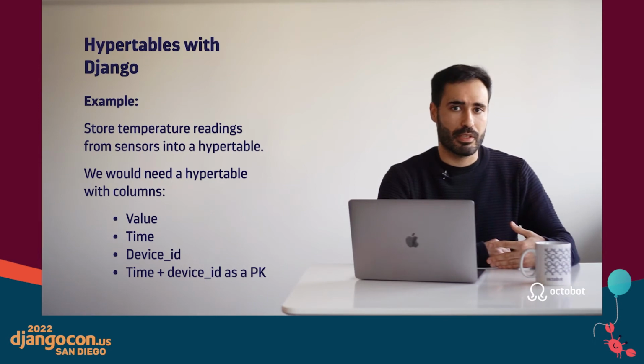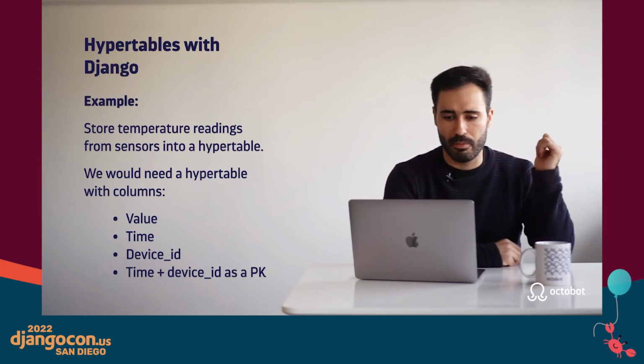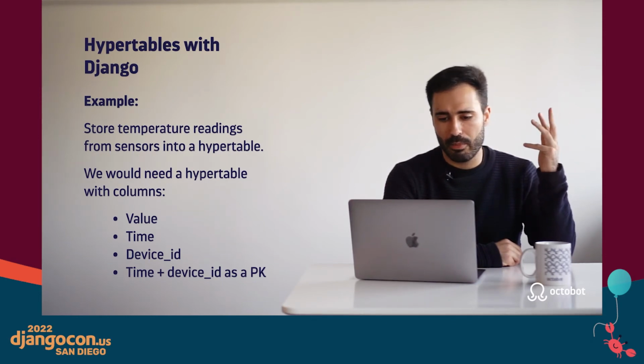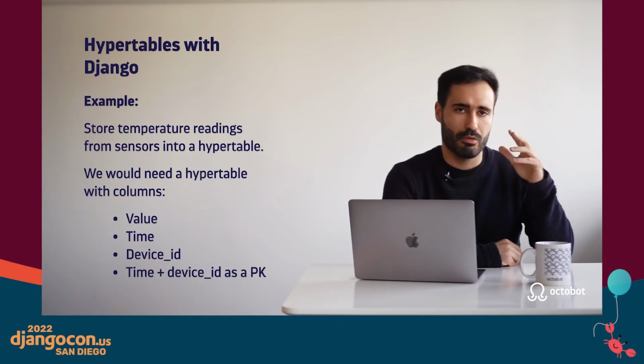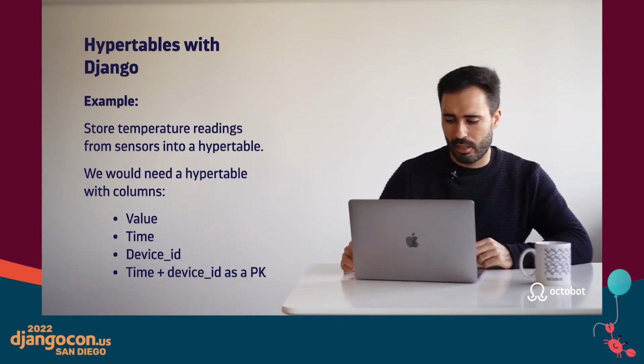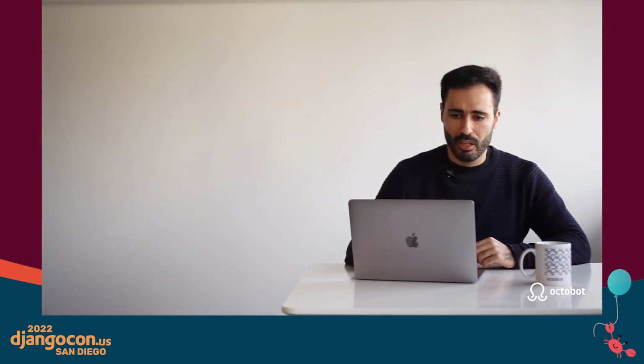And then we will need a hypertable with, for example, these columns, which are value, time, device or sensor ID, and a primary key with time and device ID to ensure uniqueness of time and device ID.